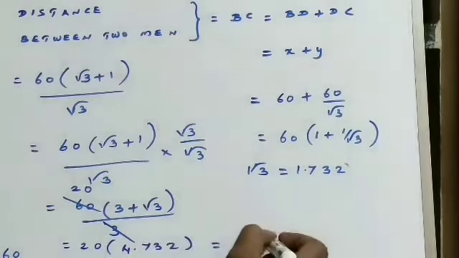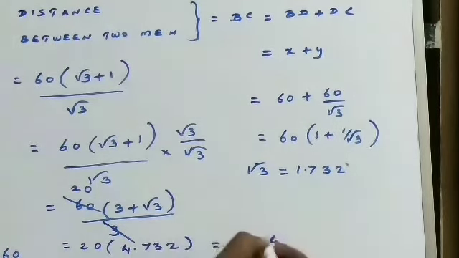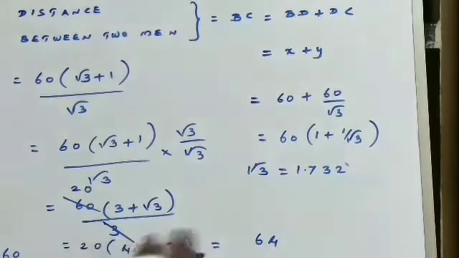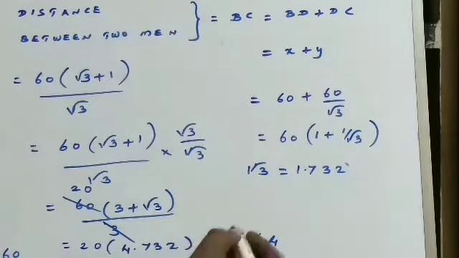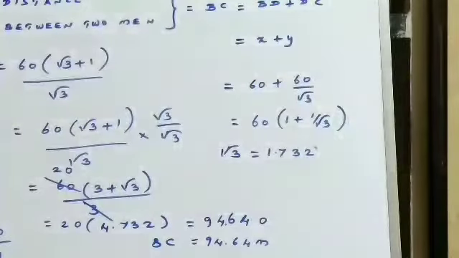Now multiply 20 into 4.732. 2 into 2, 4. 2 into 3, 6. 2 into 7, 14, remaining 1. 2 into 4, 8. 8 plus 1, 9. Here 1 zero is there. So you are going to put the decimal point after 3 numbers.